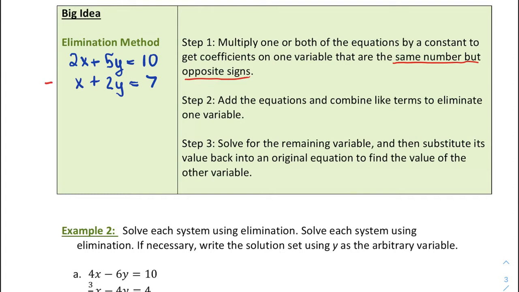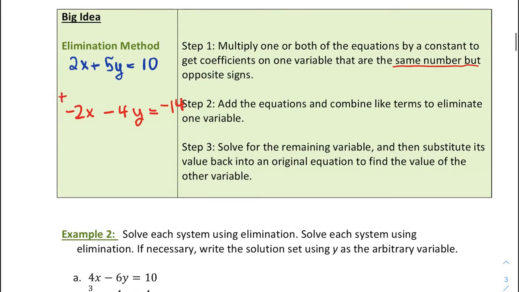For example, on this one, if I was to multiply both sides of my bottom equation by -2, then I'd have a positive 2x in my first equation and a negative 2x in my second. If I added those together, my x variables would eliminate because I'd just have 0x and I would only have y left in my remaining equation. So that's kind of the goal for the initial setup here.